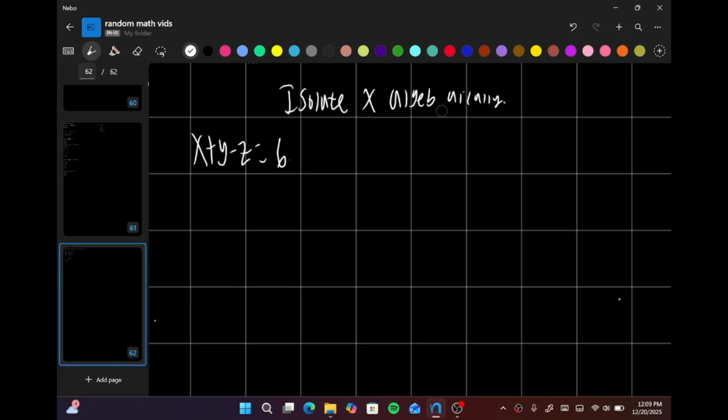By isolating, I mean get it by itself. To do that, we subtract y and add z to both sides. So then we have x equals 6 minus y plus z.